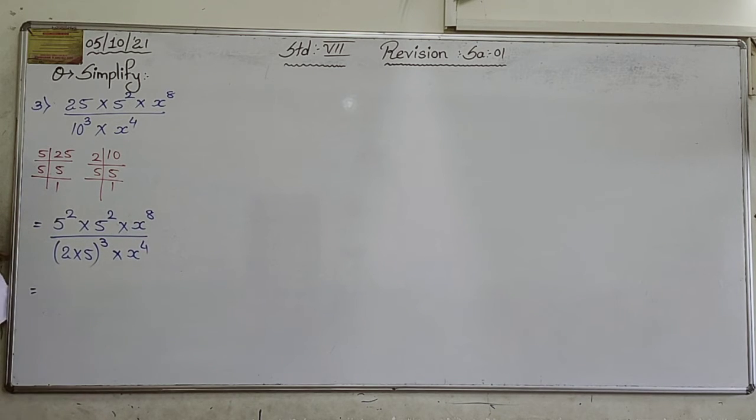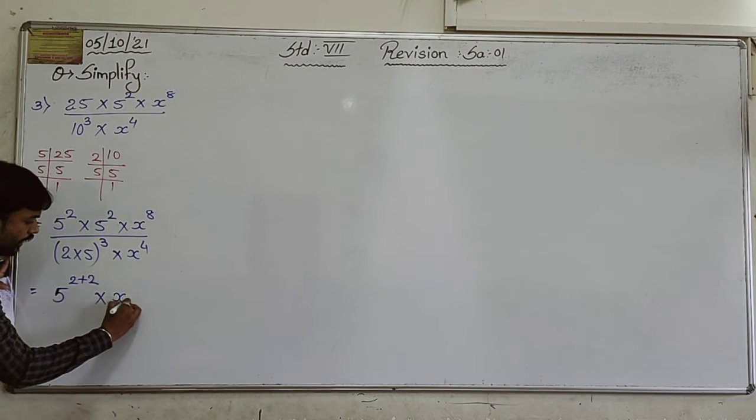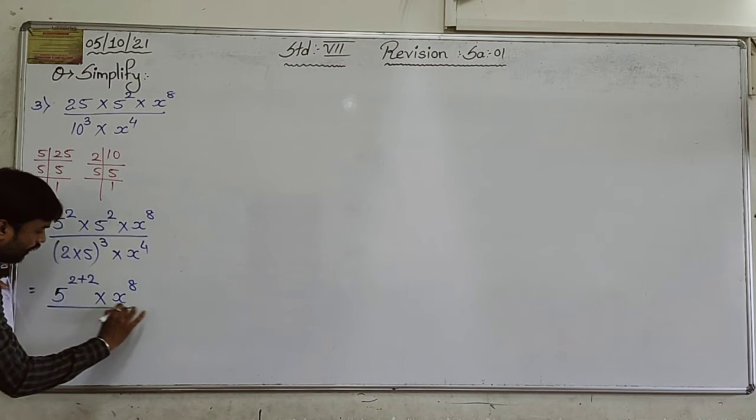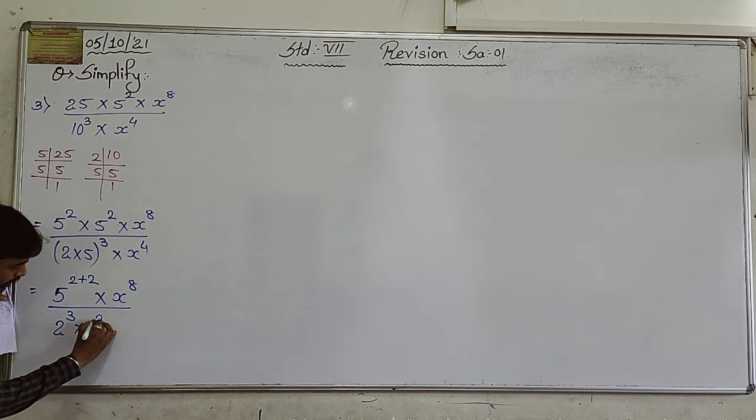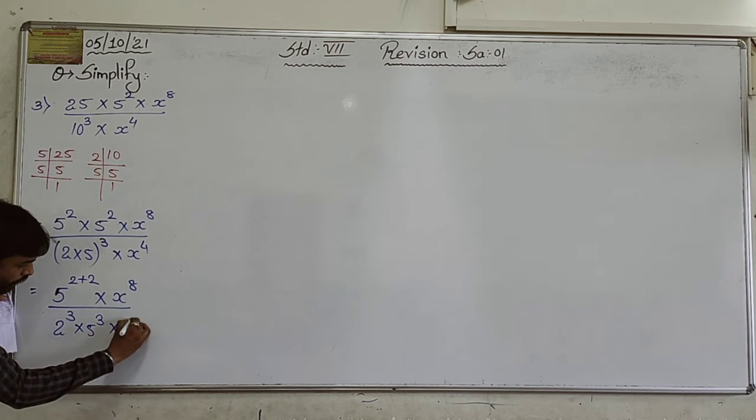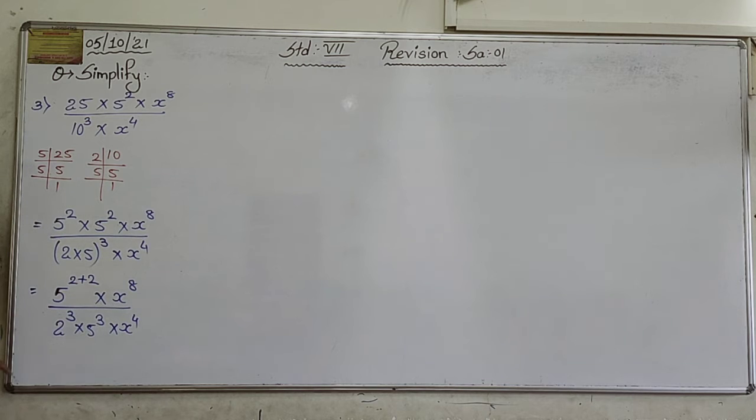So that is equal to, whatever we can do at a time, we do, so that it reduces. So 5 raised to 2 plus 2 because 5 is common in numerator. So 5 raised to 2 plus 2 multiplied by x raised to 8 upon distributing 2 raised to 3 multiplied by 5 raised to 3 multiplied by x raised to 4.